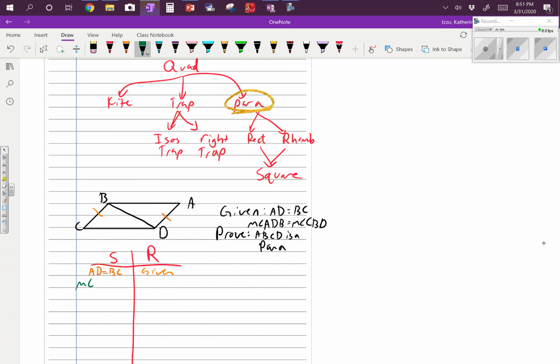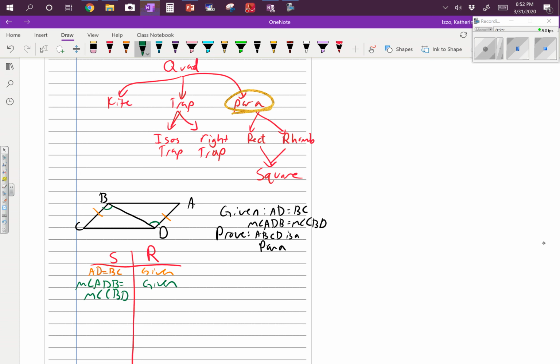Measure angle ADB, so this guy right here, equals measure angle CBD, that angle right there. Given. All right. Well, at this point, I can prove triangles.